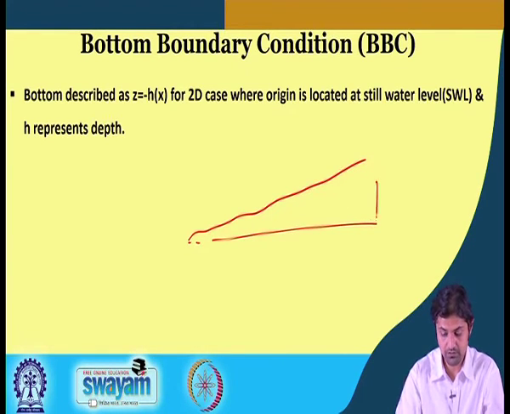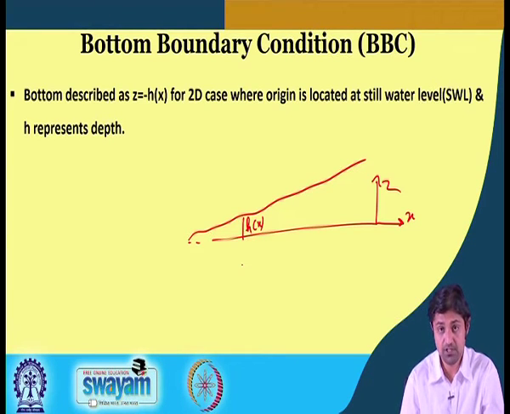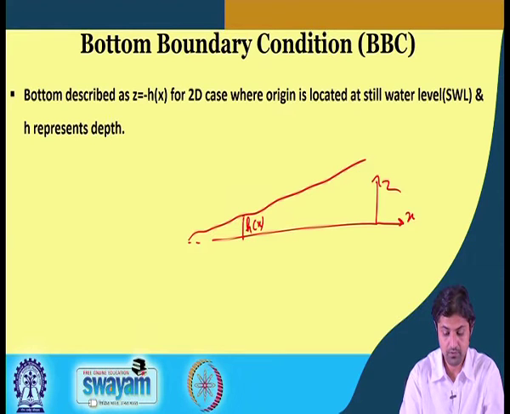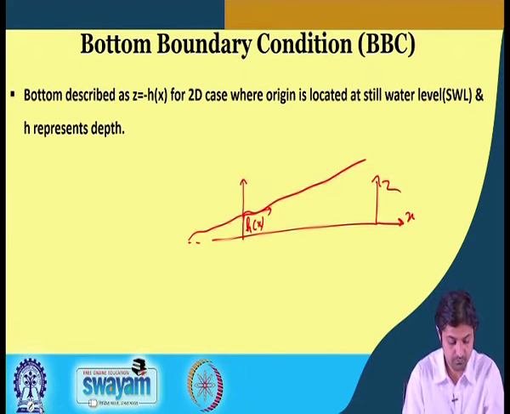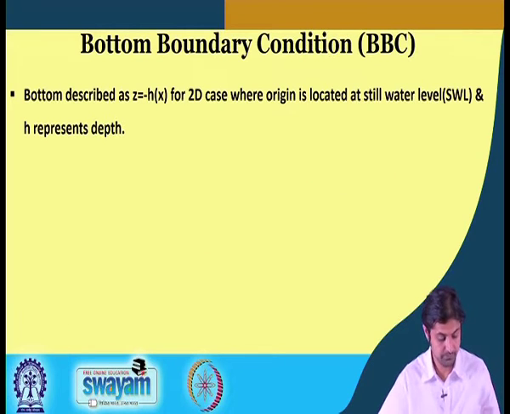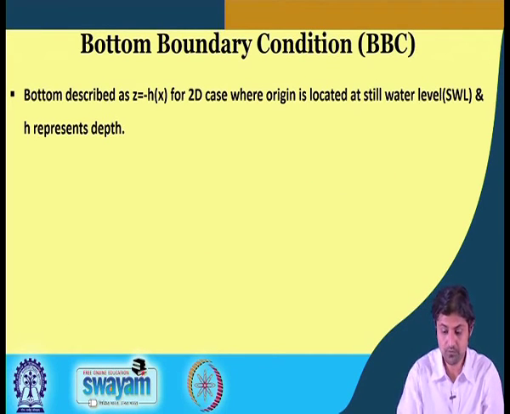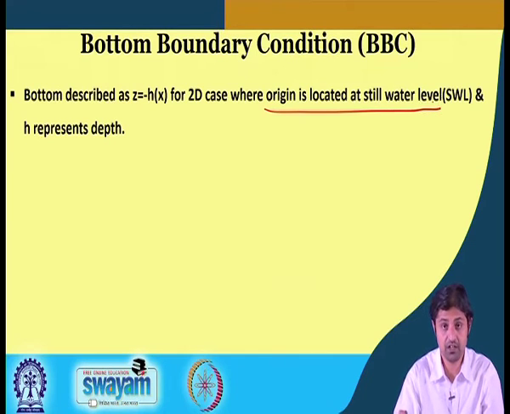If this is x and this is z, then this depth is z equal to minus h of x, because we are considering 0 at the free surface. So, here the origin is located at still water level, that is the surface of the water.